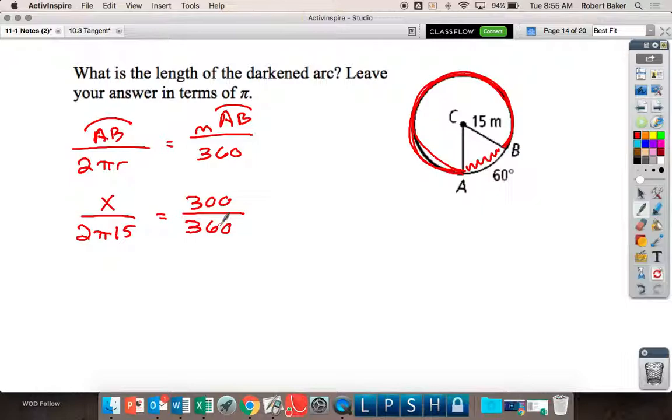Over 360. Gives me 300 degrees that I'm trying to solve for, and there is a total of 360 degrees in the circle. So I can do one small step to make it look a little nicer, and you could probably do this in your head, but I like to write it down. I can multiply 2 times 15 and get 30 pi.